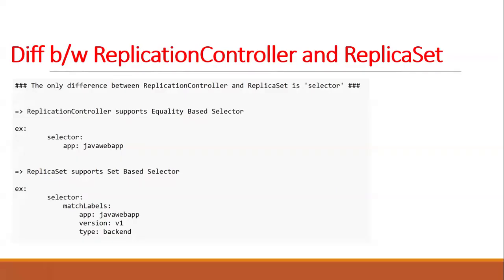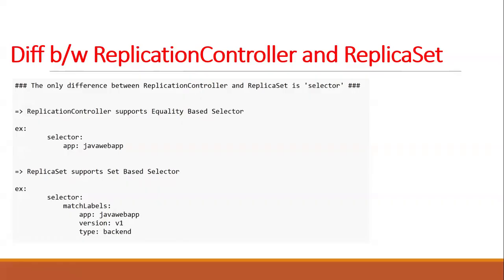The replication controller supports the equality based selector, and the replica set supports the set based selector. An equality based selector is just app equals Java app. A set based selector is selector matchLabels, such as app Java web, version, type. It will provide the labels on the selector.